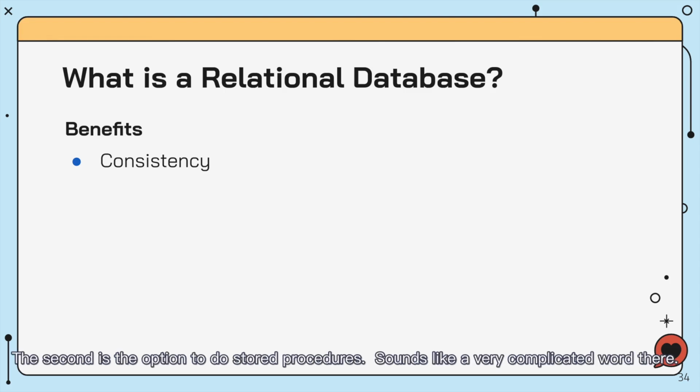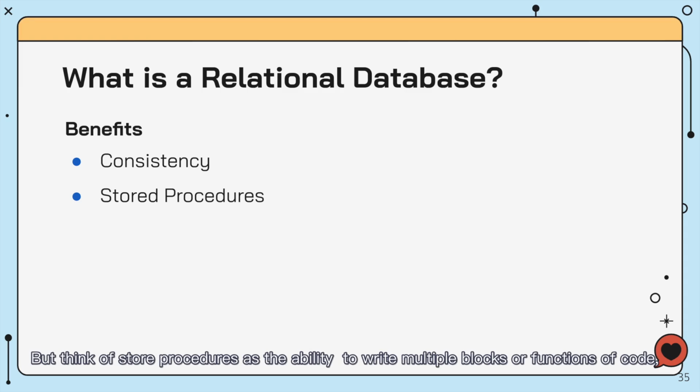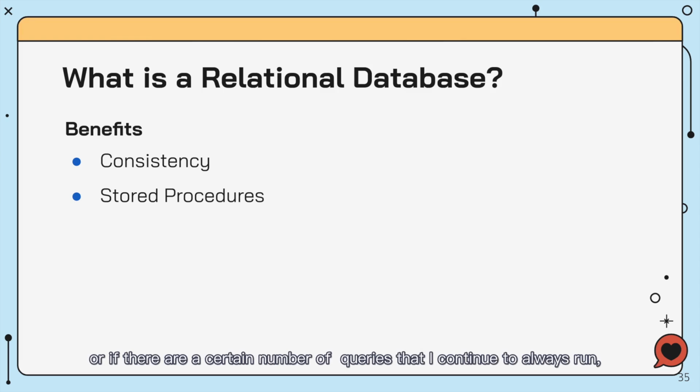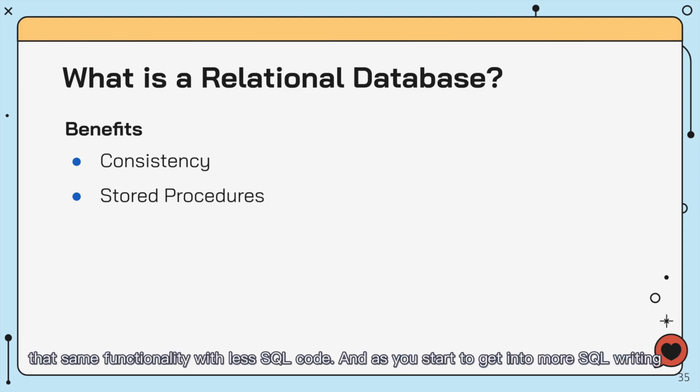The second is the option to use stored procedures. It sounds like a very complicated word, but think of stored procedures as the ability to write multiple blocks or functions of code. If there are a certain number of queries that I always continue to run, I can model these so it takes less code to access the same functionality.